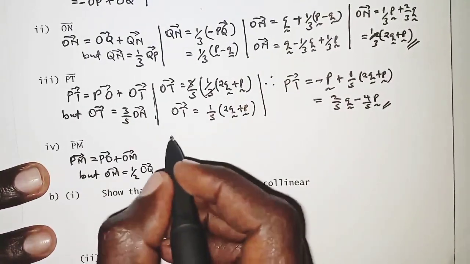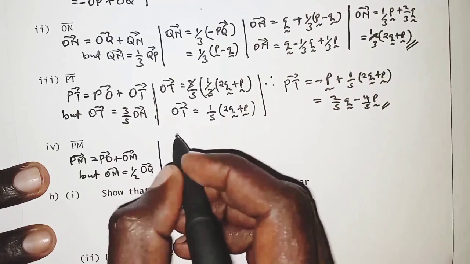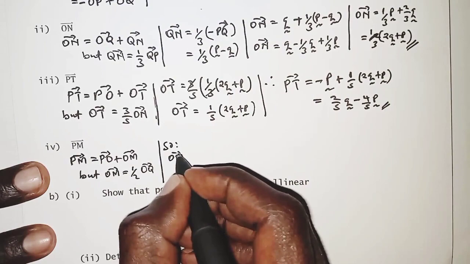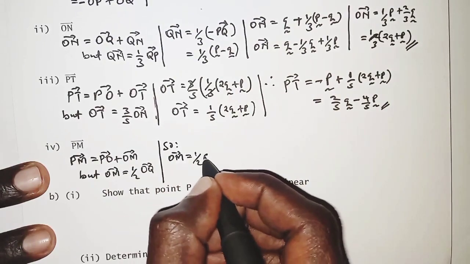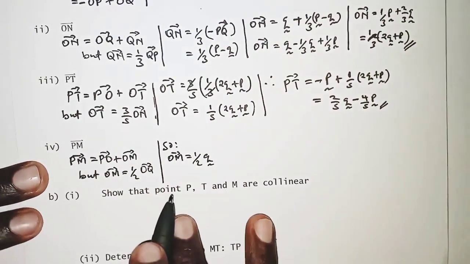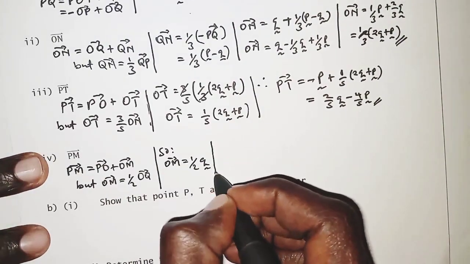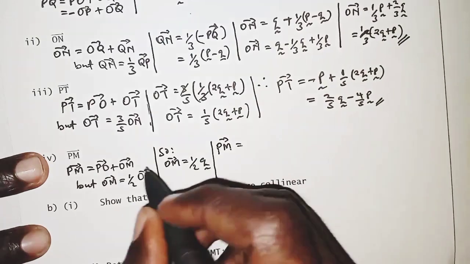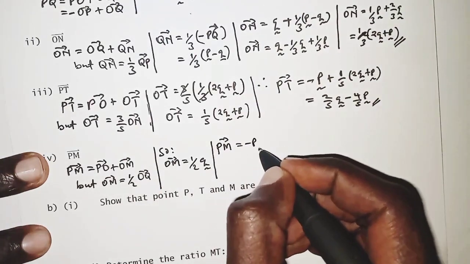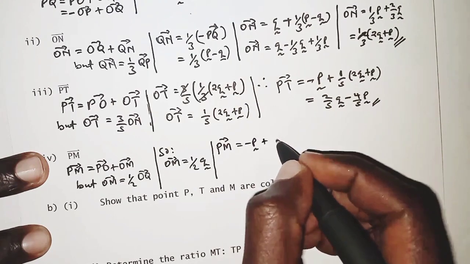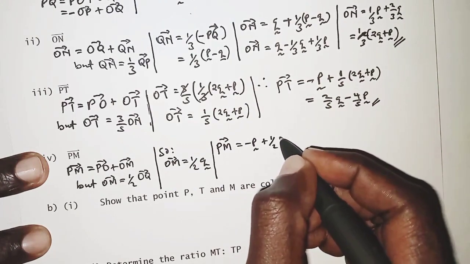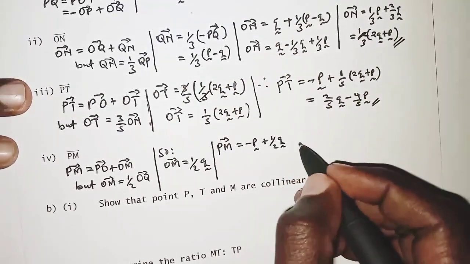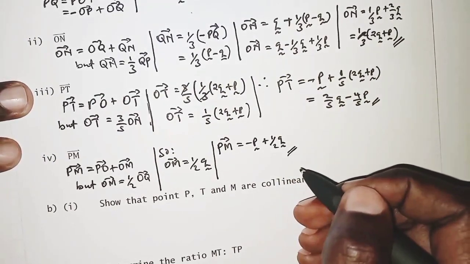But OQ is Q. So OM is simply a half Q. So that PM would therefore be given as PO, which is negative P, plus OM, which is a half Q. So that is for PM.